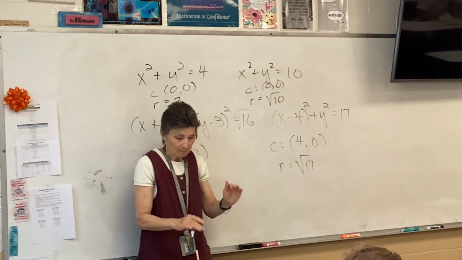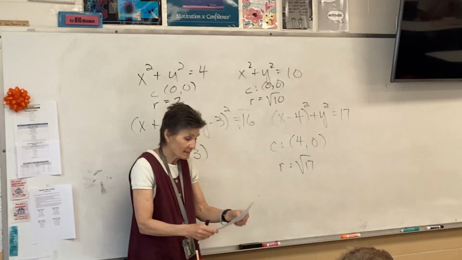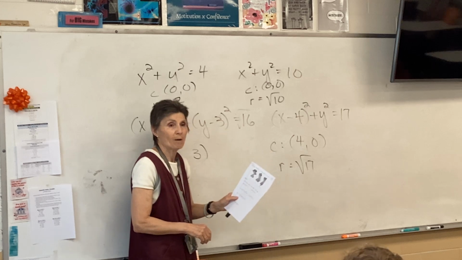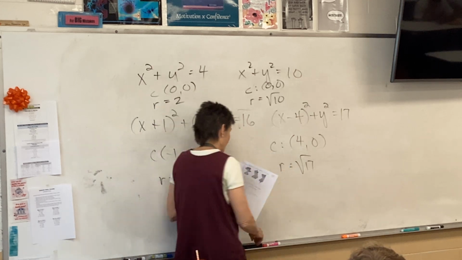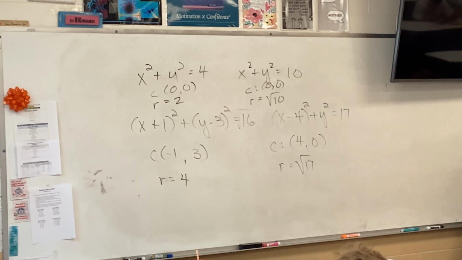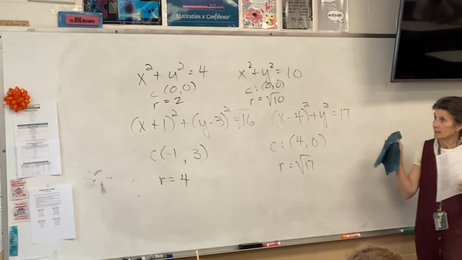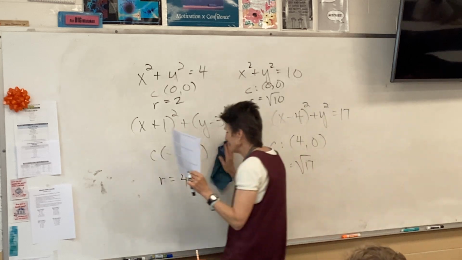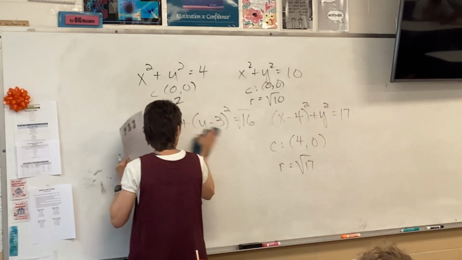Easy peasy. Now, when things get a little bit more interesting is when we get to problem E. What is different about problem E? You don't have these parentheses, right? It's not written in what we call the standard form.